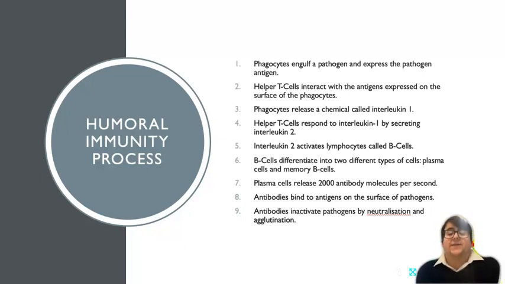Interleukin-2 will activate lymphocytes called B cells, which differentiate into two different types of cells, plasma cells and memory B cells. Plasma cells will release 2,000 antibody molecules per second, and those antibodies will bind to the antigens on the surface of pathogens, and the antibodies will inactivate pathogens through neutralization and agglutination, which we're going to talk about in a second. Those memory cells we will keep in case the infection ever comes back again.